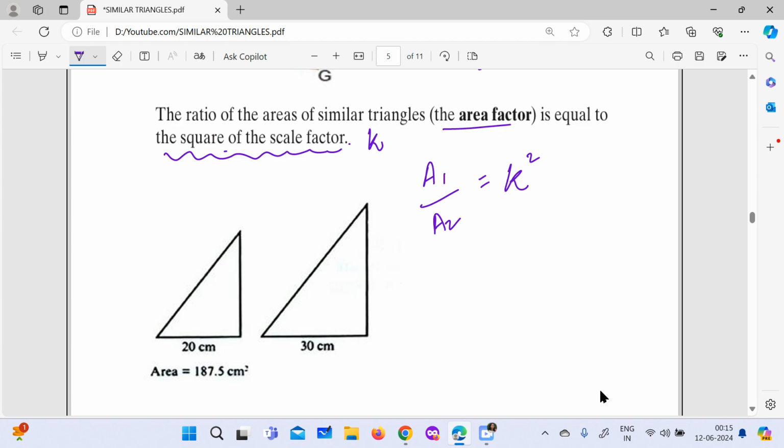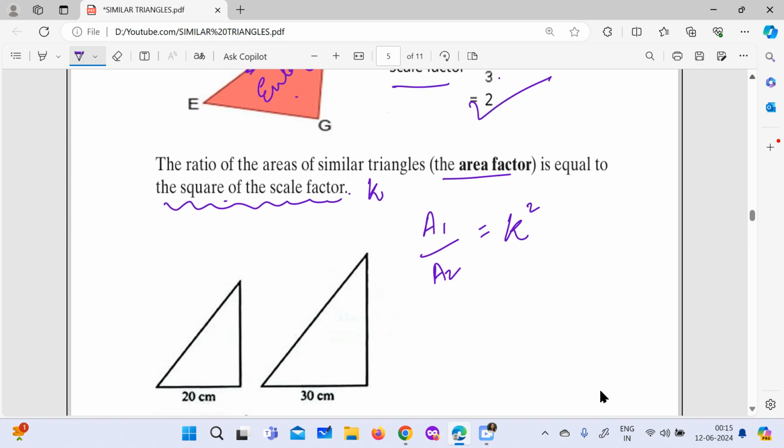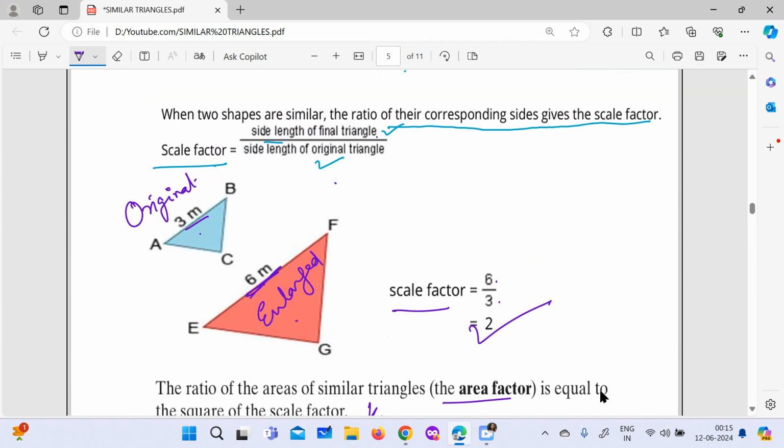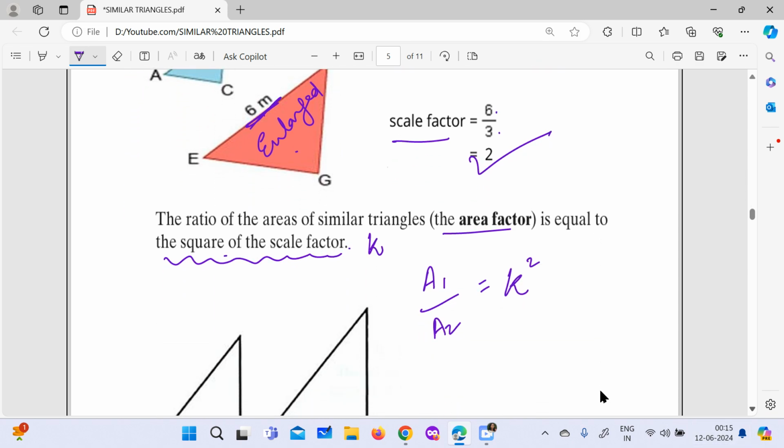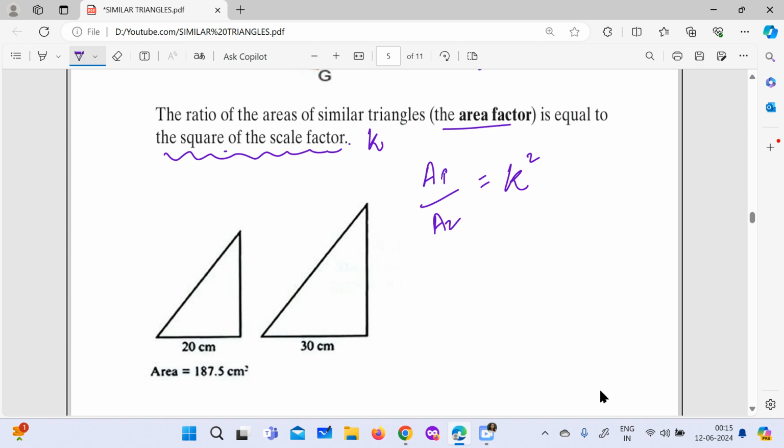Now, what is this k? Here we studied scale factor. This k is nothing but the scale factor, that is the side length of the final triangle upon the side length of the original. Let me change this to area of final and area of the original triangle, because I'm going to write my scale factor that way.